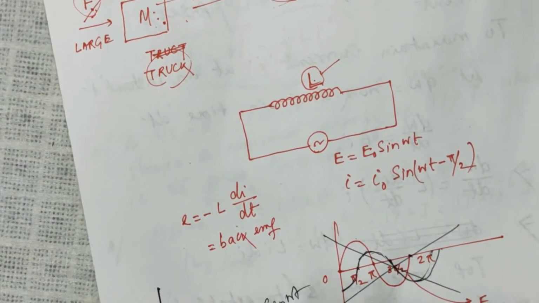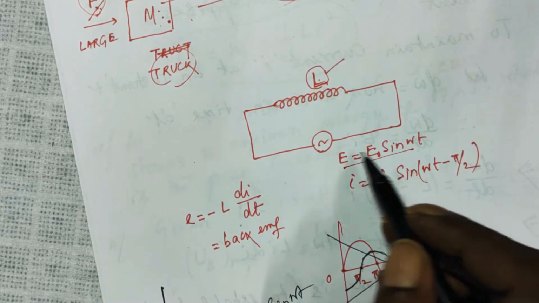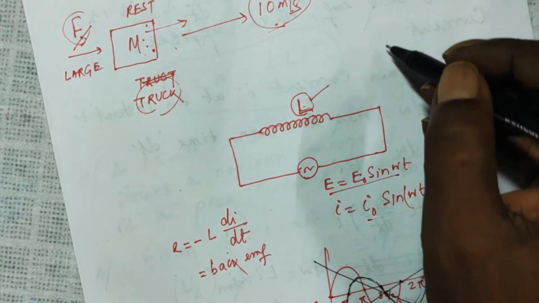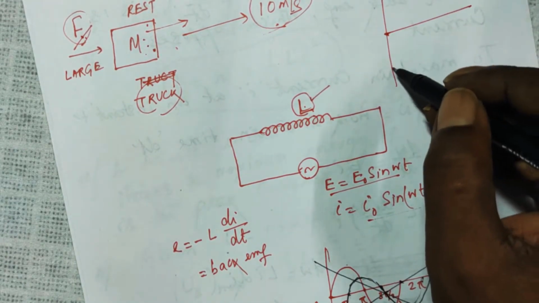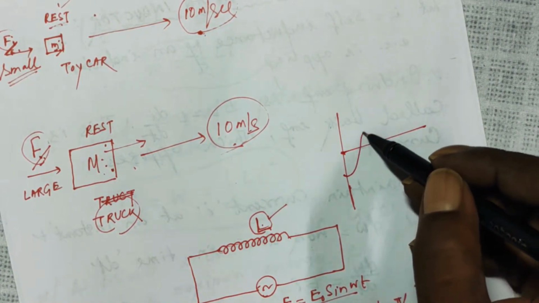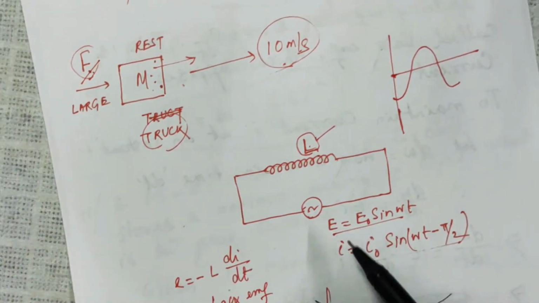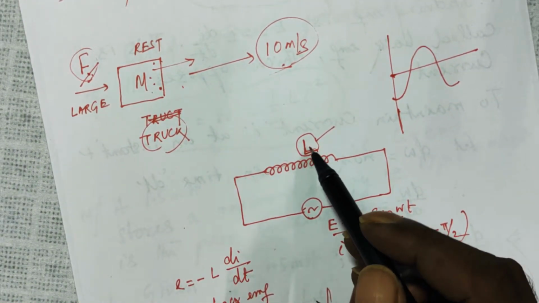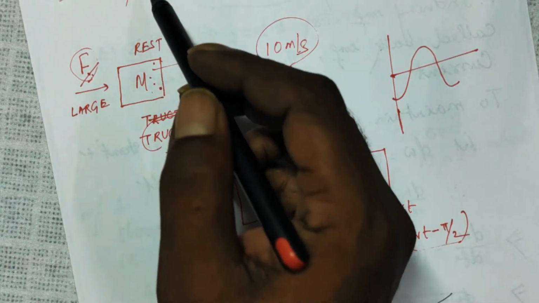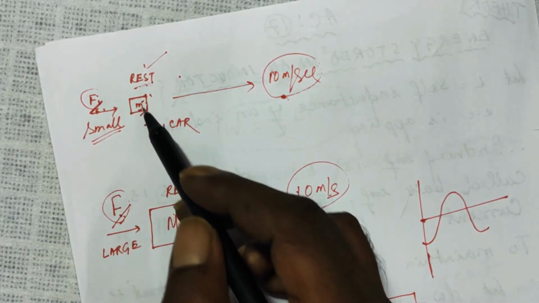So here similarly, when an alternating voltage was applied and there was alternating current, the alternating current was lagging behind the EMF, and whenever the current was changing, this property, inductance, was opposing it. You can compare: it is changing from rest to motion, the mass is opposing.